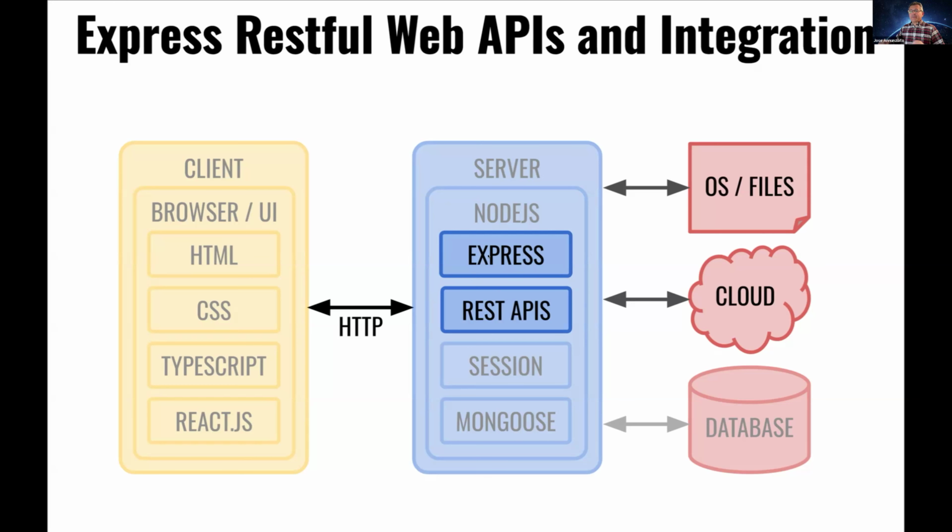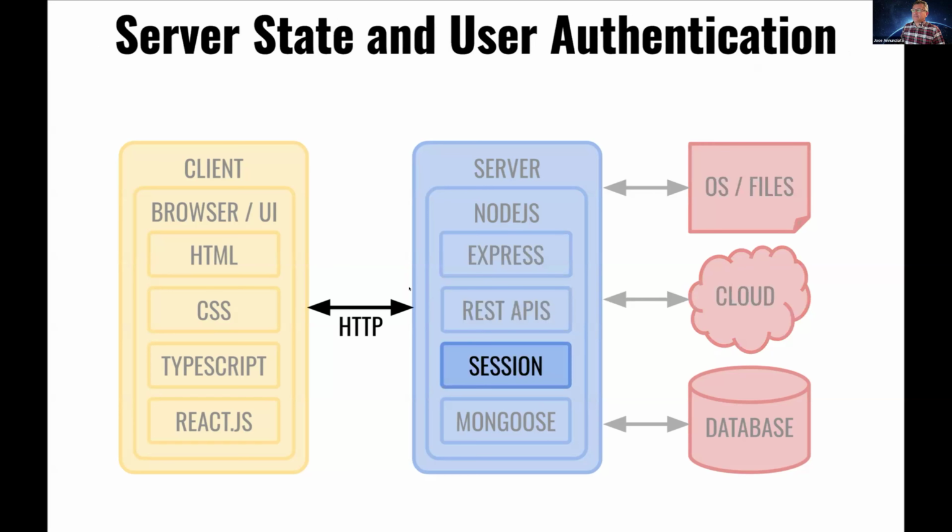It's going to be able to receive HTTP requests from the client. The client is going to be sending HTTP requests out to the server, and we're going to be using a library called Express that's going to allow us to implement endpoints that can receive these requests coming from the browser, compute some response, and send it back to the client.